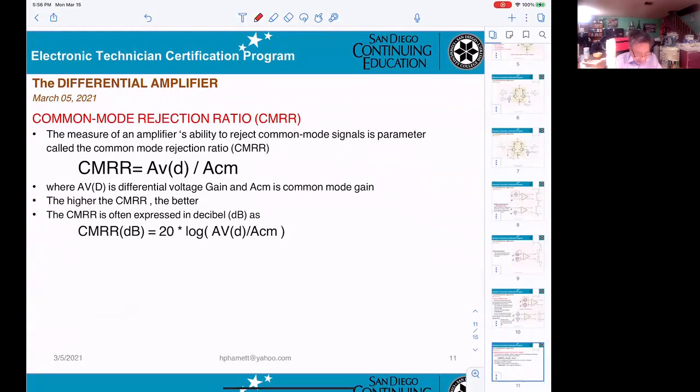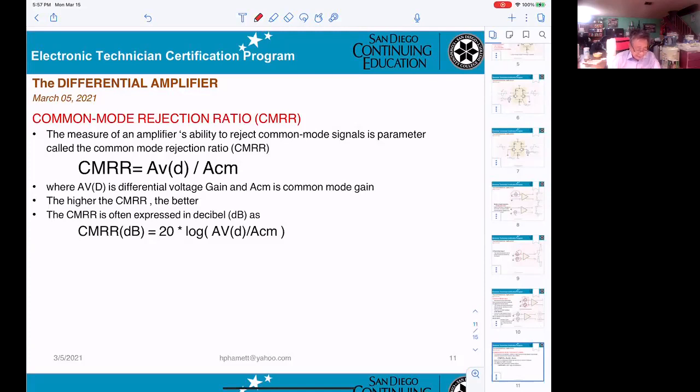CMRR equals AVD, that means the gain of the differential amplifier divided by the gain of the common mode amplifier, where AVD is differential voltage gain and ACM is common mode gain.